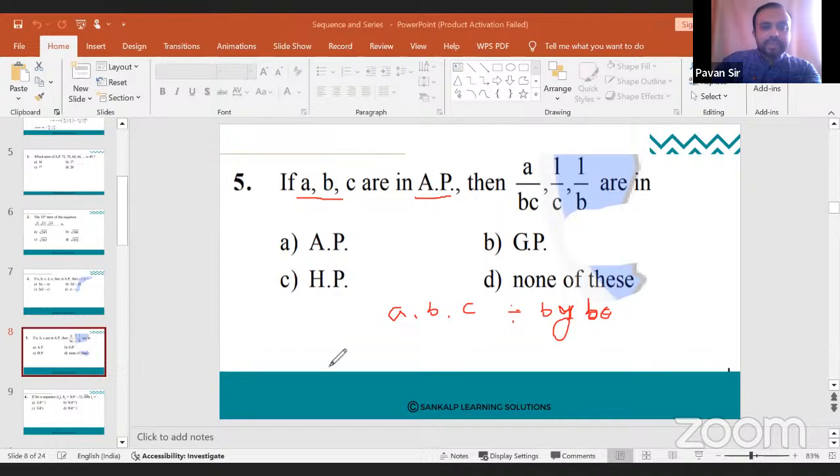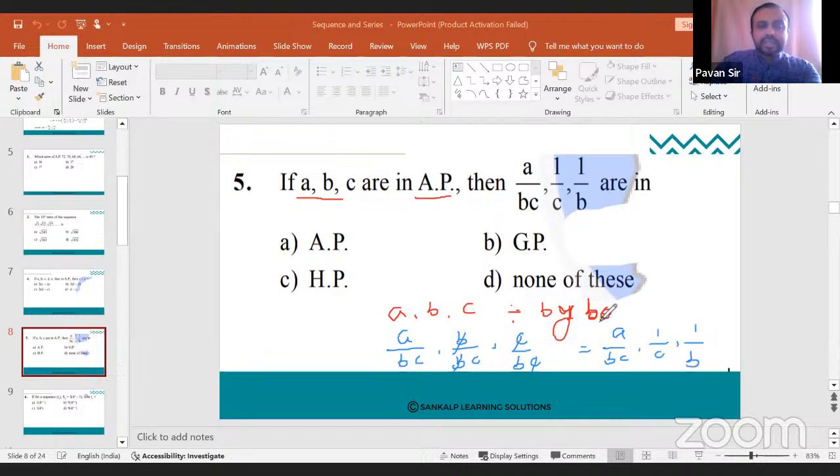So dividing by BC, A will become A by BC, B will become B by BC, and C will become C by BC. So B and B got cancelled, C and C got cancelled. It remains with A upon BC, then 1 upon C, and 1 upon B.